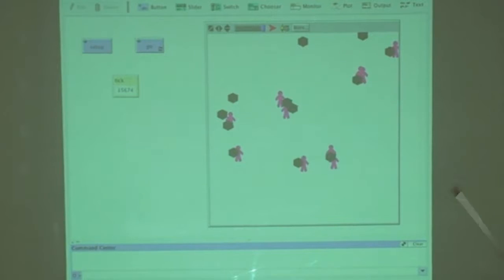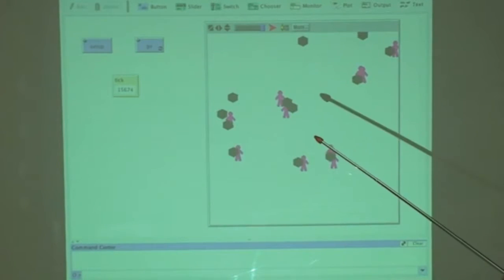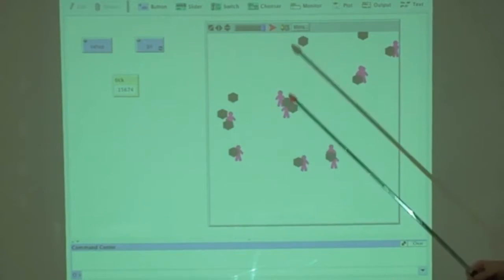So in this simulation model, the customer is so stupid, and the simulation tick is so long.